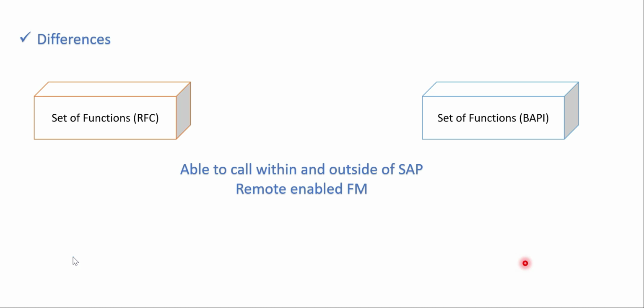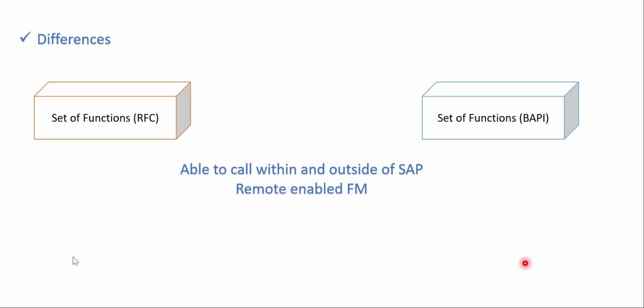So the common things between RFC and BAPIs are that both are able to be called within and outside of your SAP. So I have an RFC, yes, I'm able to call it on my same server. I have a BAPI like create sales order or change sales order, get list of materials, company code, whatever details I want, yes, that you are also able to call from your same SAP system.